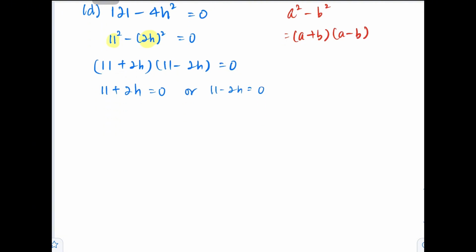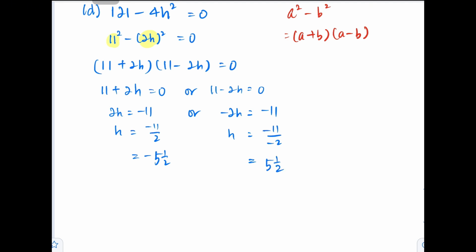So in order to solve this, I would have 2h equals to negative 11 and then dividing by 2 on both sides, h would be negative 11 over 2 or negative 5.5. And here I can also solve this quite easily, and I would get h to be equal to positive 5.5. Alright, so this is one way of solving this equation.